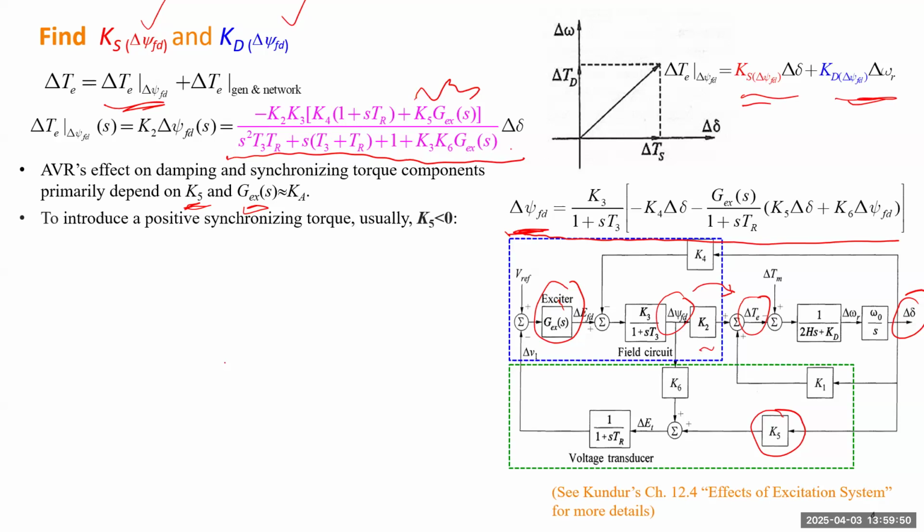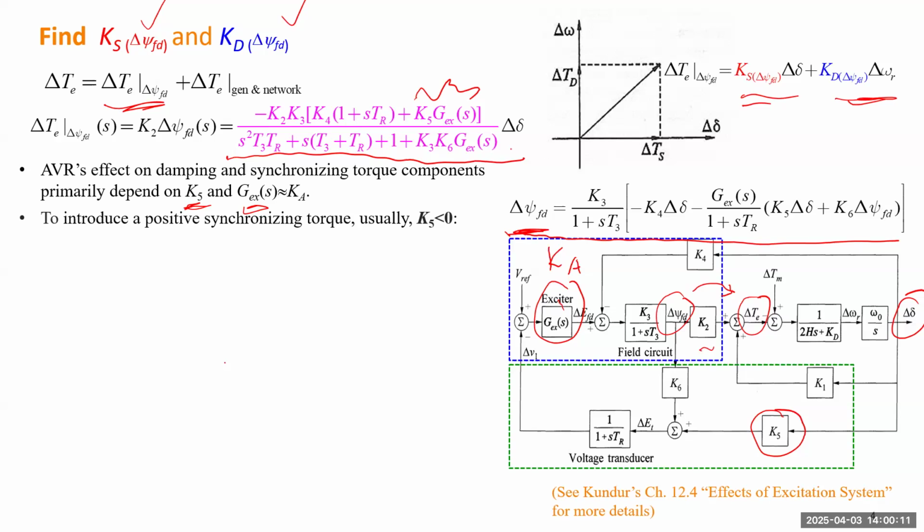When we model the AVR, the excitation system, most of the K factors are around 1. There's only one component which is much larger than the others, because that's gain. That's Ka, which is inside of this exciter.